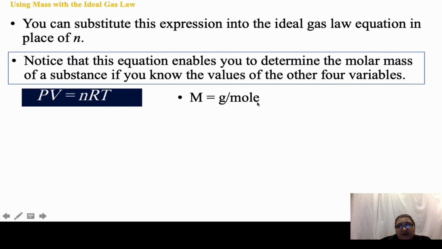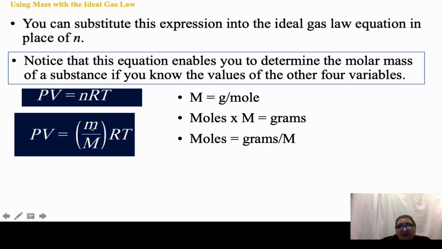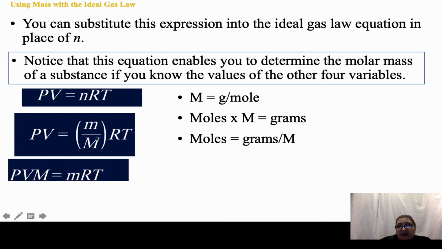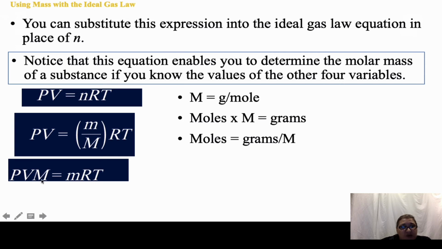Molar mass is grams per mole, and cross multiplying, moles times molar mass equals grams. You divide both sides by molar mass, so moles equals grams per molar mass. And that's when you substitute n with grams per molar mass. Instead of PV equals nRT, we have PVM, where M is the molar mass, equals the mass times RT.